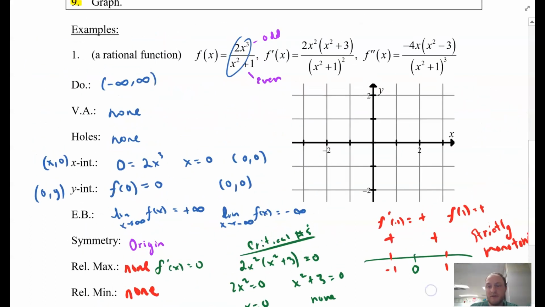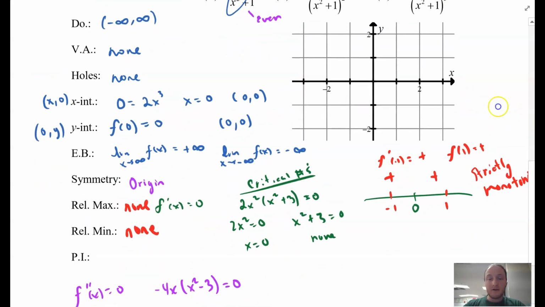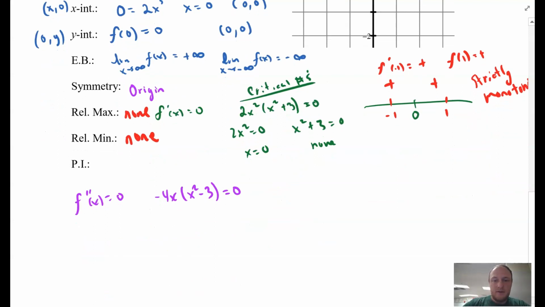Again, I'm just leaving off the denominator because when I multiply by the denominator to clear it, nothing happens. Okay, so we get -4x is equal to 0, which produces x is equal to 0. And we get x squared minus 3 is equal to 0. So x squared is equal to 3, which tells us that x is equal to plus and minus √3.